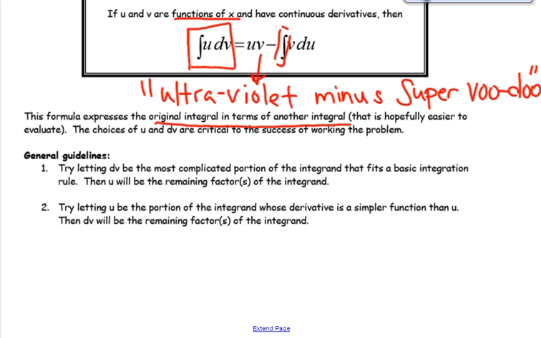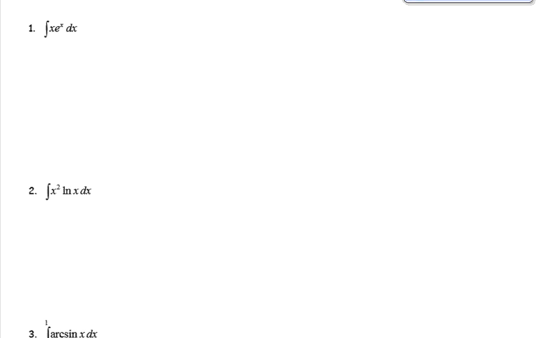So you can see in your problem, you have your integral here, and then it expresses in terms of another integral that you're trying to simplify. You're trying to simplify this down into something that you can actually integrate. All right, and then there's a couple of guidelines here, which I'm going to let you read and we'll refer back to. I'm not going to talk about it so much because you have yet to really know what we're doing yet. So let's go in and try the first problem.